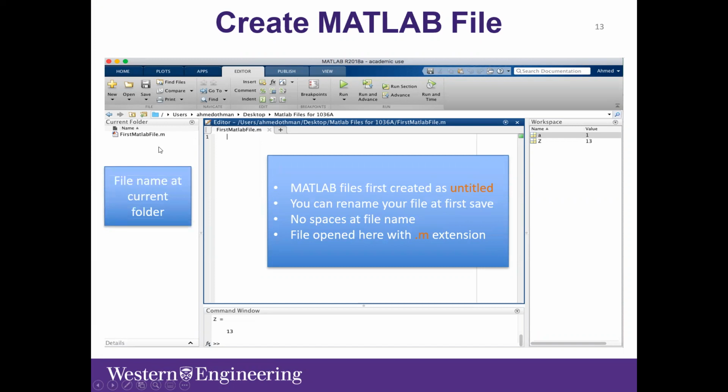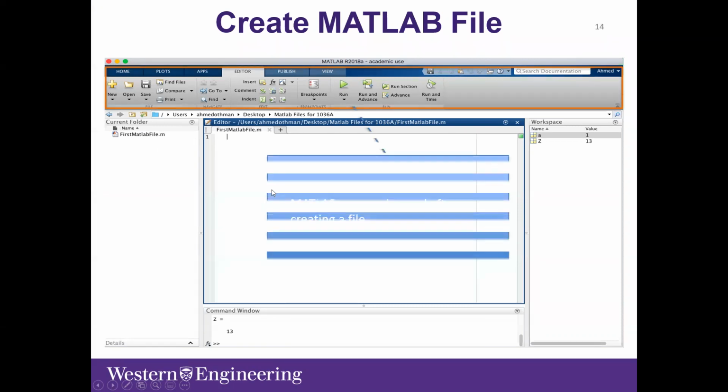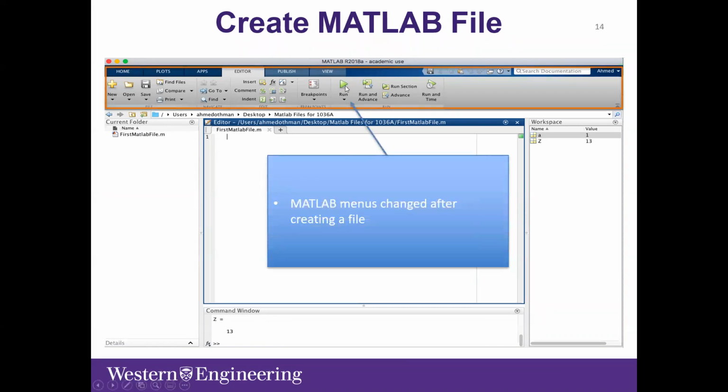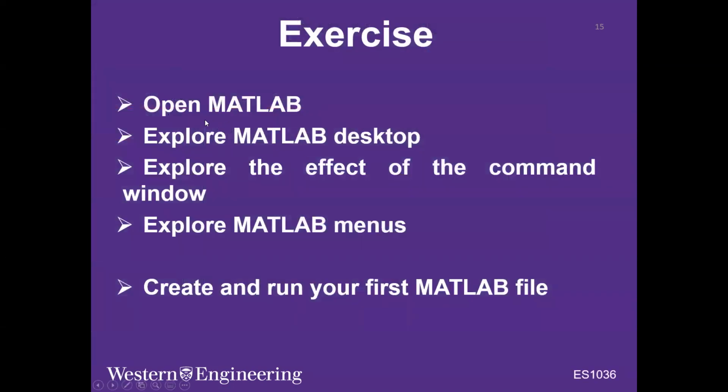Here, firstMATLABfile.m, and here also the command window will show you the results. Here you can run your MATLAB code. Here you have an exercise: open MATLAB, explore the MATLAB desktop, explore the effects of the command window, explore MATLAB menus, create and run your first MATLAB file.